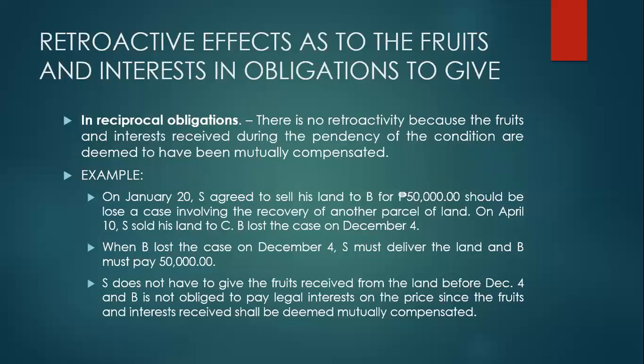Or if B will not file a case against S and C, B may annotate or cause the annotation of his right on the certificate of title of the land in the registry of deeds, what is called an affidavit of adverse claim, so that it will be seen there that B has a claim over the parcel of land sold by S to C.